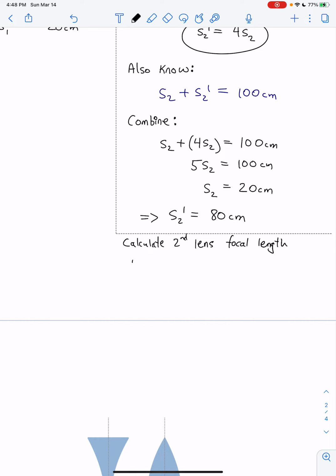So we've got 1 over S2 plus 1 over S2 prime is equal to 1 over F2.